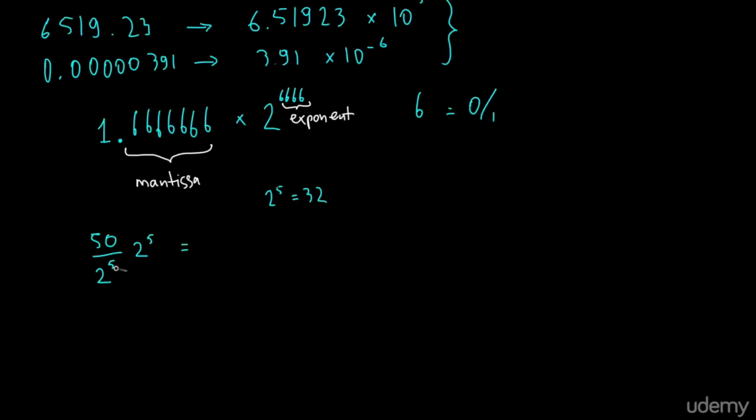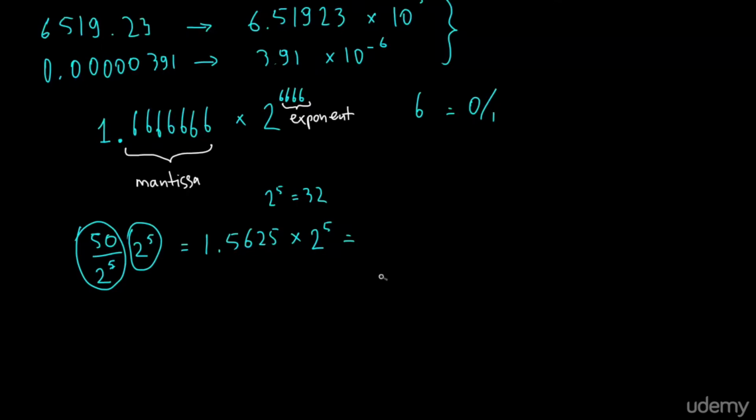Now it might seem like a bit of a pointless exercise, but if you think about this representation, it should make sense why we're doing this. Because basically you take this part and you evaluate it, and in decimal form it will be 1.5625, and then for the part on the right, we already know what the exponent is, so this is going to be multiplied by 2 to the power of 5 because that's what we have here.